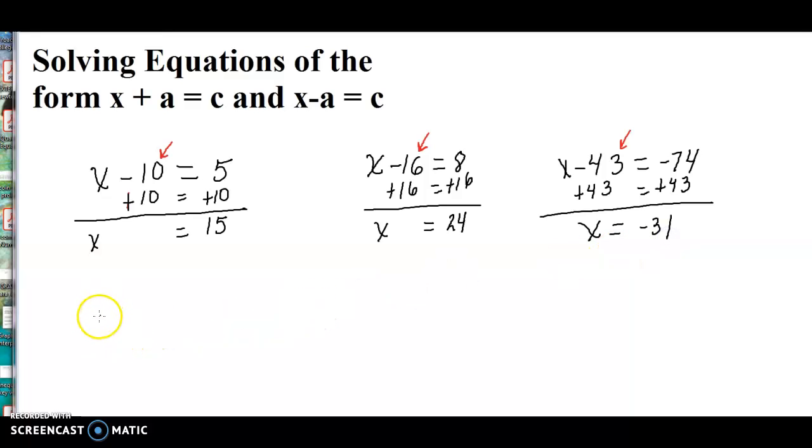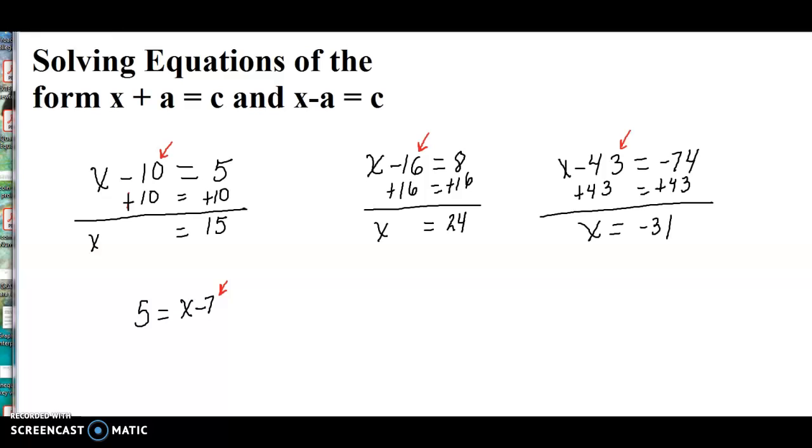Okay. So now let's look at this one. This says 5 is equal to x minus 7. Now I need to get rid of this 7 here.